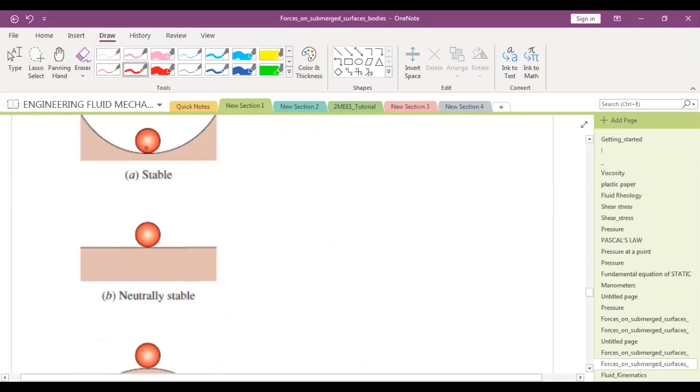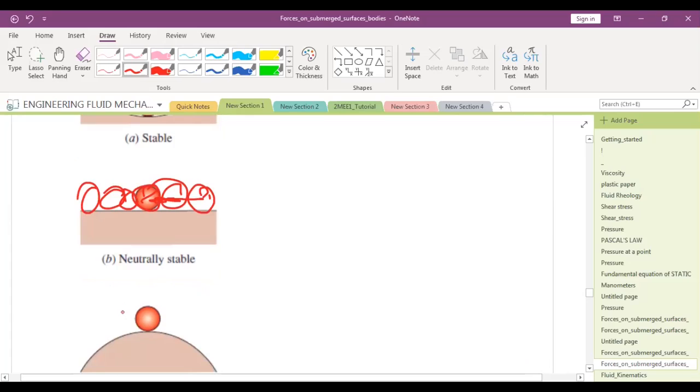Stable means if you bring this ball here, it will come back to its original location. Likewise in this direction. Neutrally buoyant, neutrally stable means यहां भी stable है, move करके यहां भी पहुंच गई तब भी वो stable है. So wherever it is, it is stable. And unstable means if you give a certain disturbance in either of the two directions, it will never restore back to its original location.